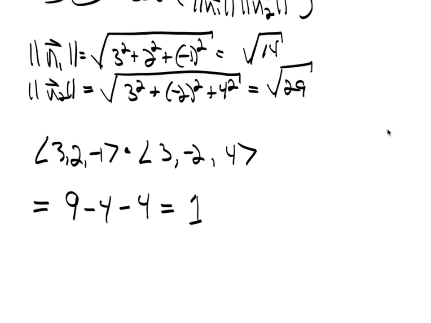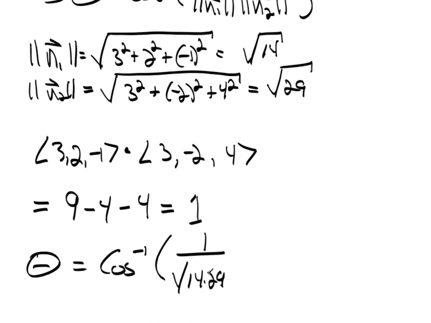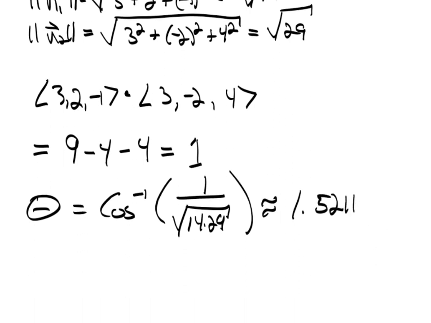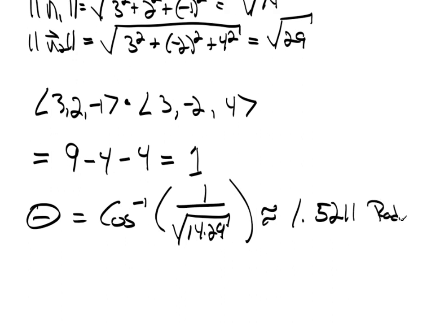So I know that this angle theta will be inverse cosine of 1 divided by the square root of 14 times 29, which is roughly 1.5211 radians. This is radians, which is also equal to approximately 87.1553 degrees.